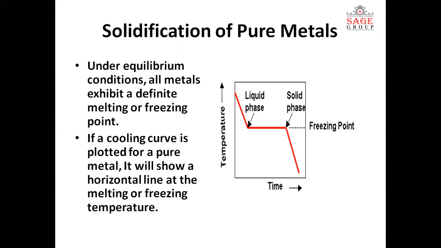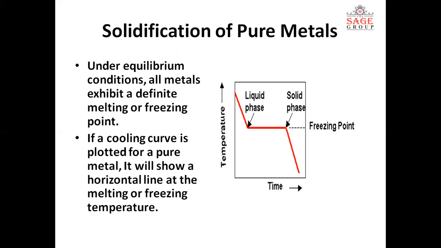When the temperature becomes constant and a straight line is there, it's an isothermal type of process, because there is no change in temperature as time goes on. This is because of the latent heat.